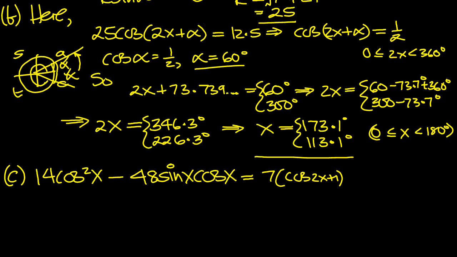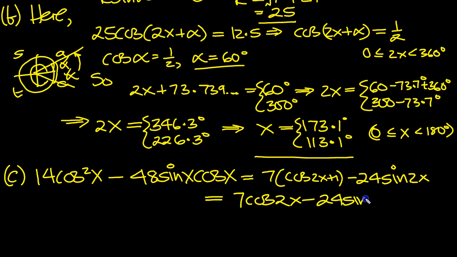We've got a 2 sine x cos x here as well, so it's minus 24 sine 2x. So when we expand the bracket, it's going to be 7 cos 2x minus 24 sine 2x plus 7.